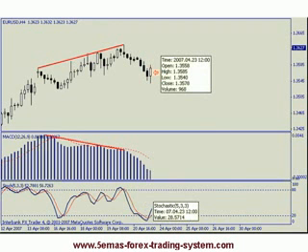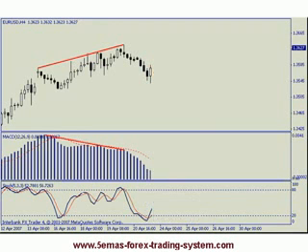It is now time to open our position and place stop loss and take profit orders. As mentioned in the previous slide, we would go long at the close of the current bar. This bar closes at 1.3578, and that is where we open a market order.